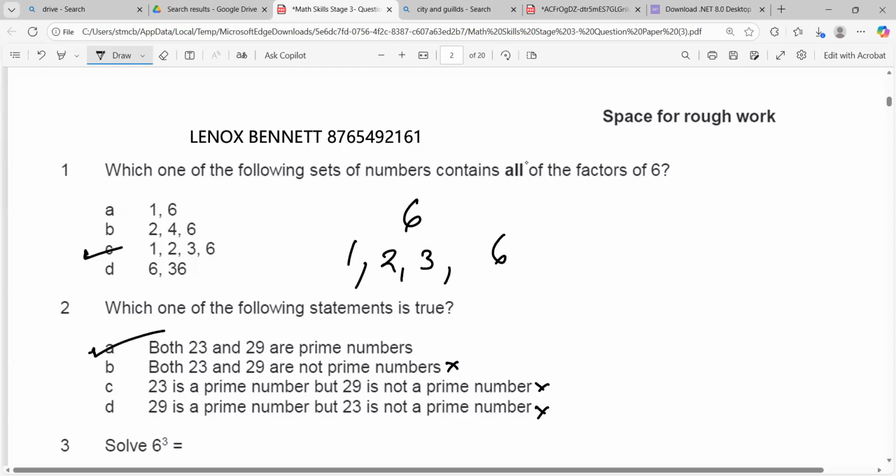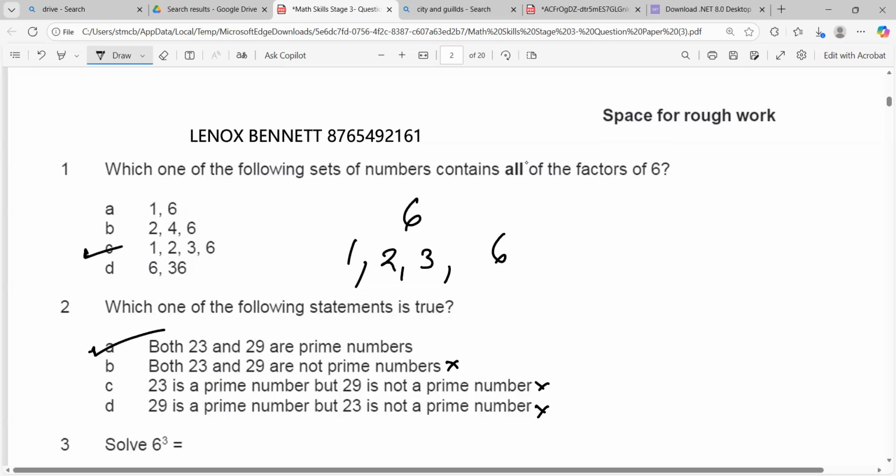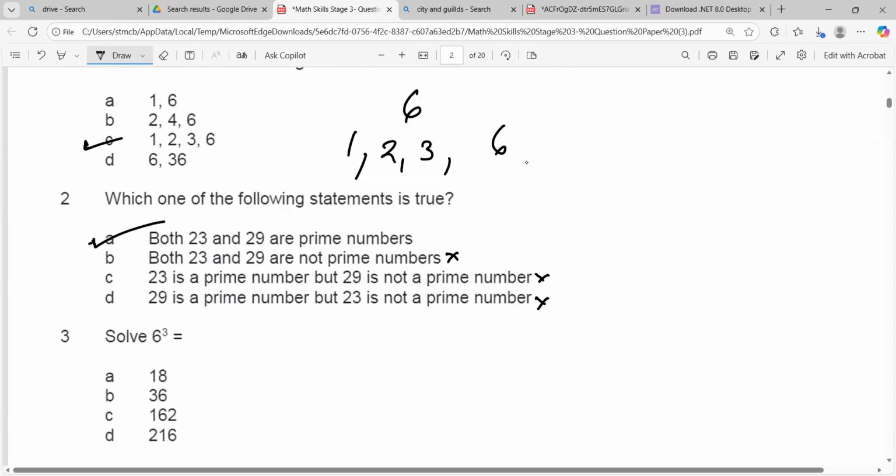All right, let's move on to 3. Solve 6 to the third power. When a number is raised to a power, it's the number multiplied by itself that number of times.